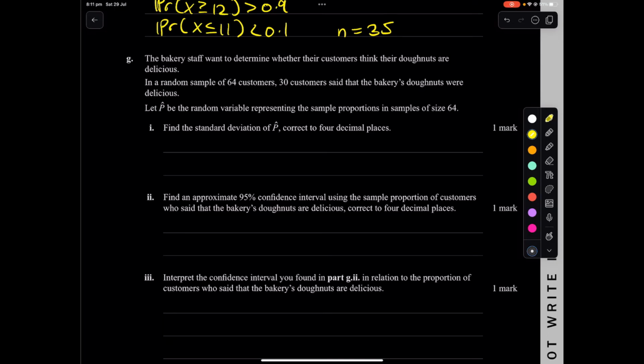I'm just going to look at the formula sheet. So we want the standard deviation. It is sd of P hat, square root of P times 1 minus P over N. So let's go on our calculator.